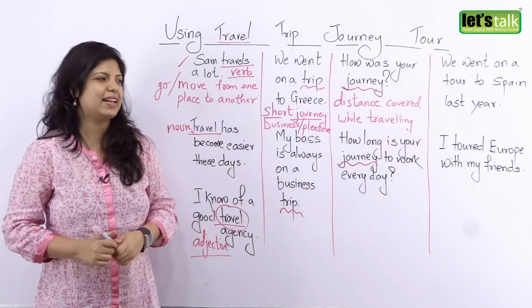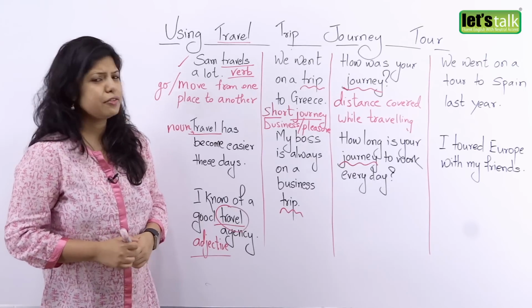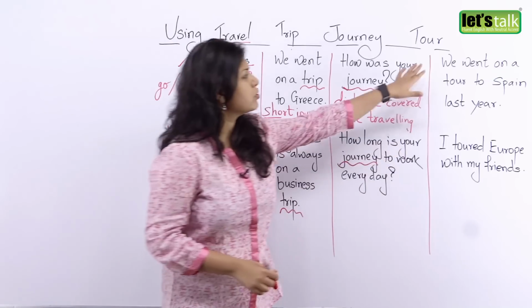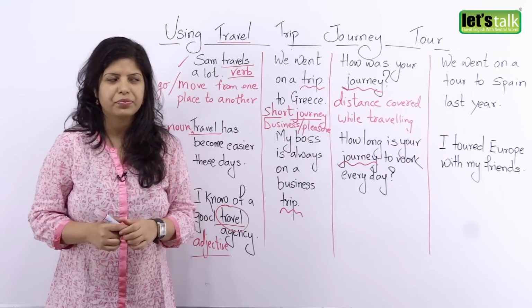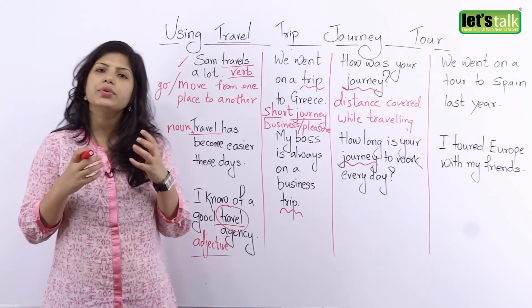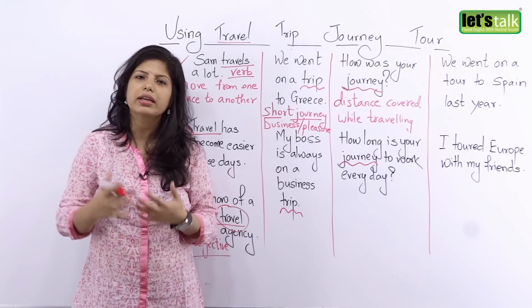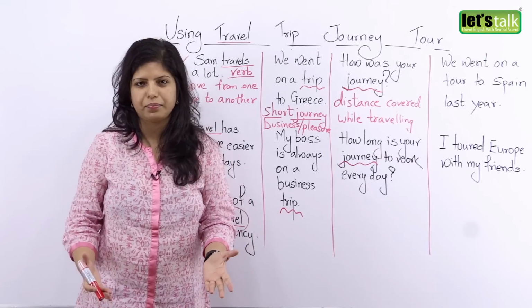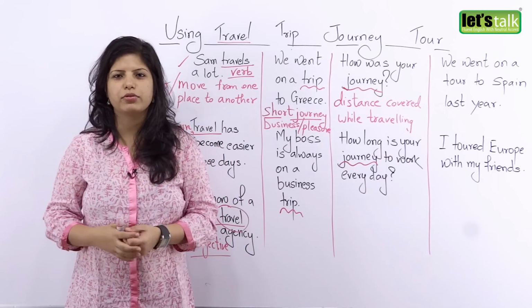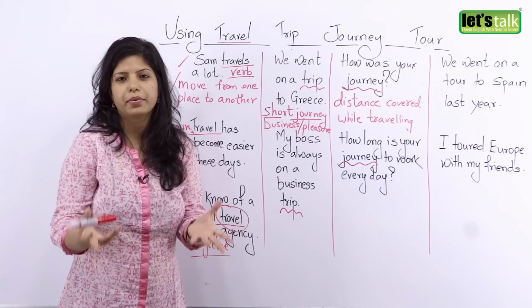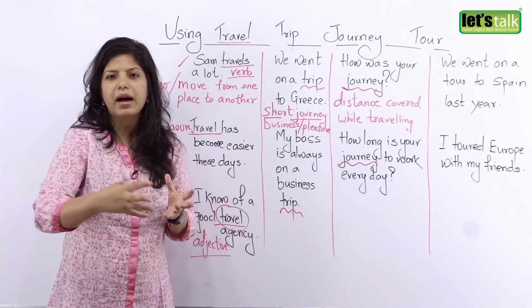As simple as that. And then finally, we have tour. Alright. So what is a tour really? This is a word that you would use mostly when you're talking about visiting many places. So say you have these holiday packages where you travel throughout Europe and you travel throughout different parts of the world.